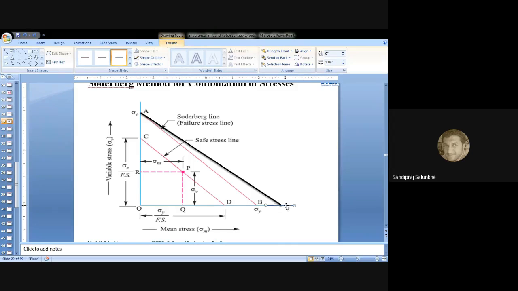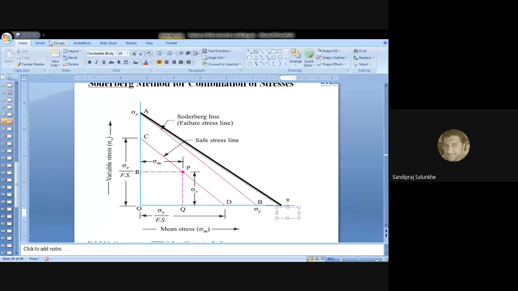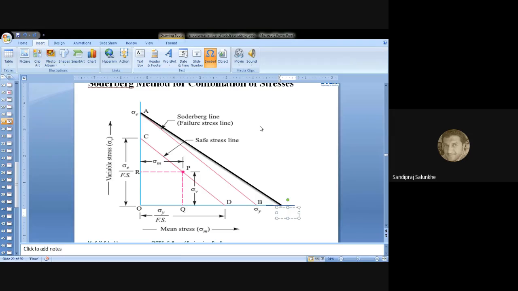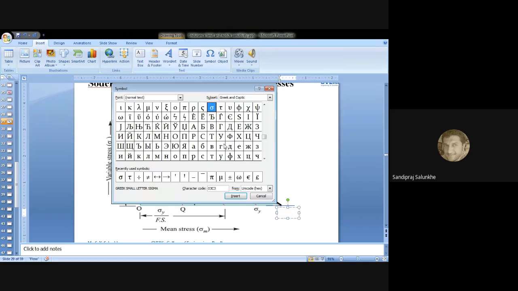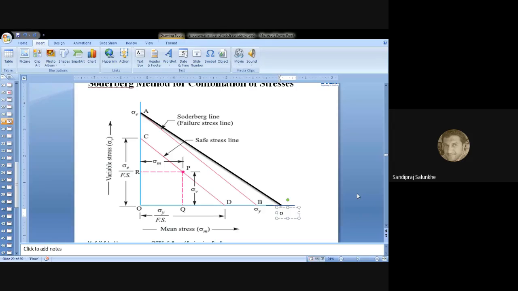Okay, the point which I have to mention here will be sigma or S ut. Am I right? So when we are going to mention this point, now this line, the black line, will become the line which is stated by Goodman.